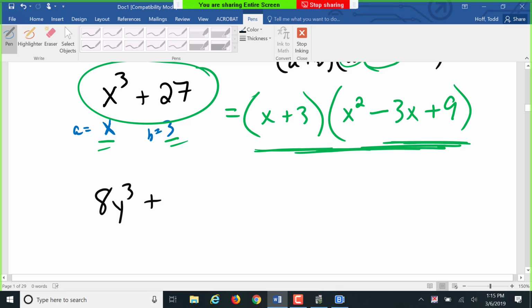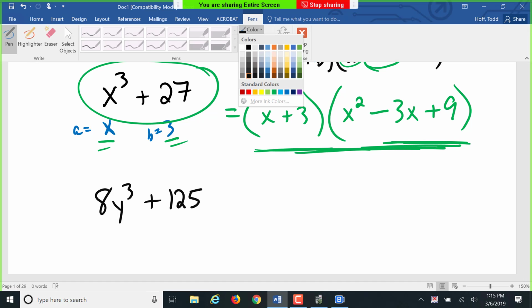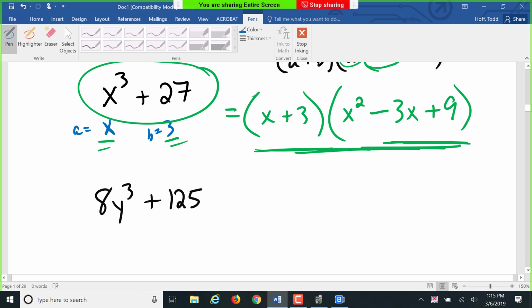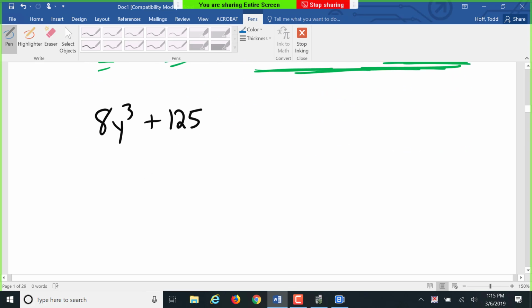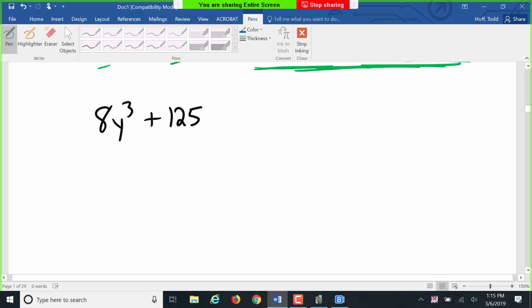Let's do another example. 8y to the third plus 125. This is a sum, it's plus. Are those perfect cubes? The cubed root of 8 is 2.